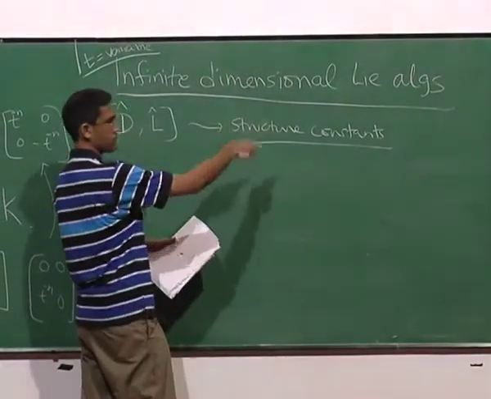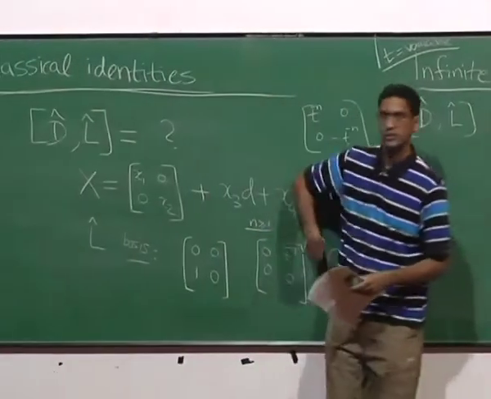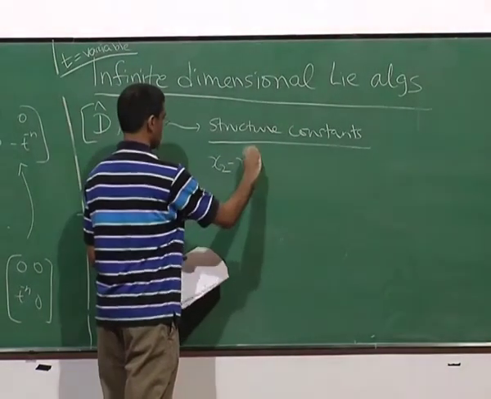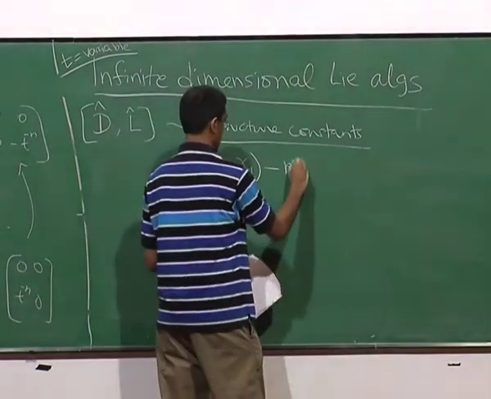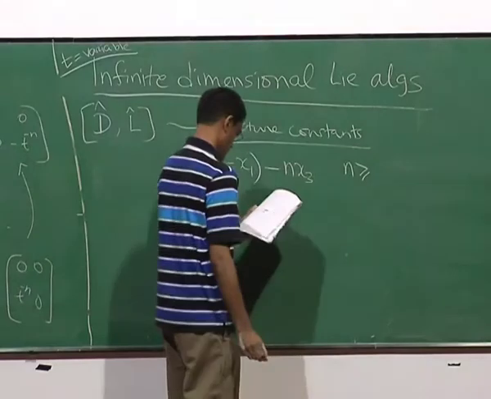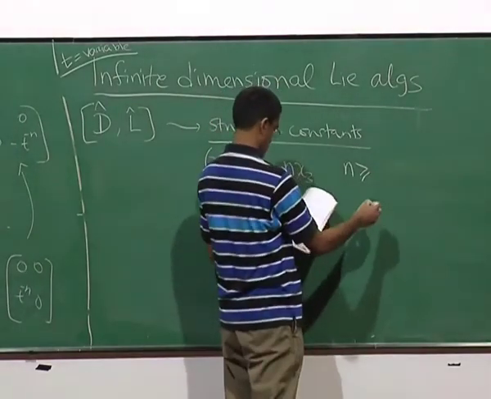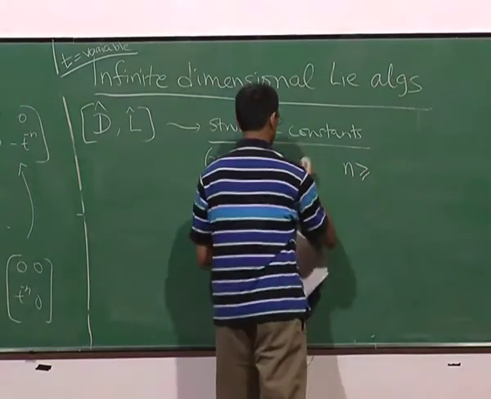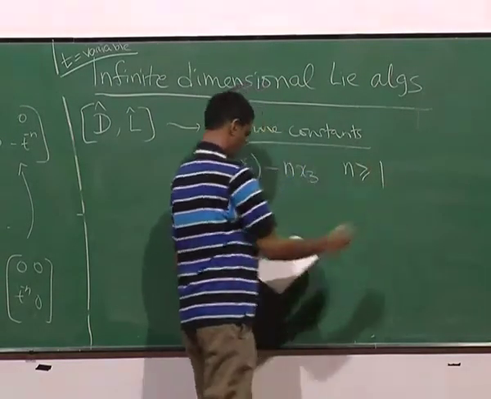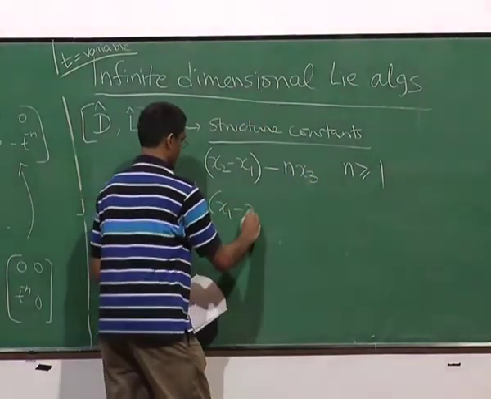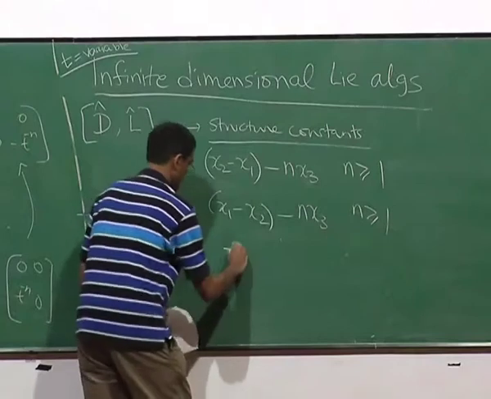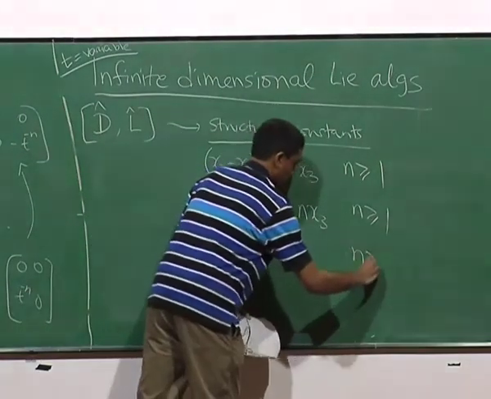There should be infinitely many of them because there are infinitely many basis elements. So here is the list. They look like this: x2 minus x1 minus n x3, where n is at least 1; x1 minus x2 minus n x3, n at least 1; minus n x3, n at least 1.